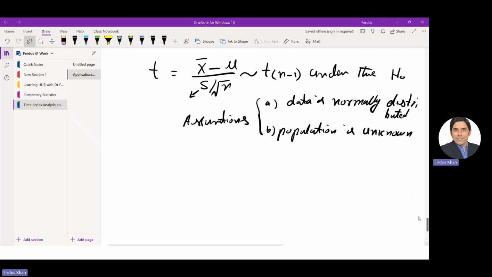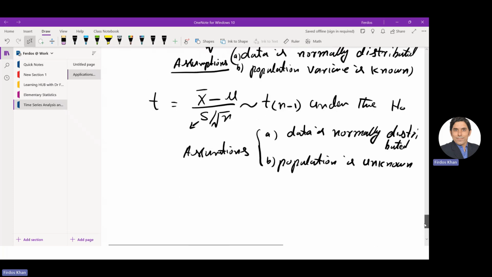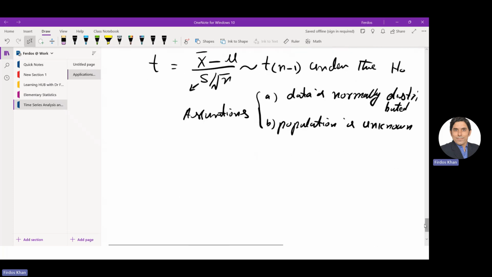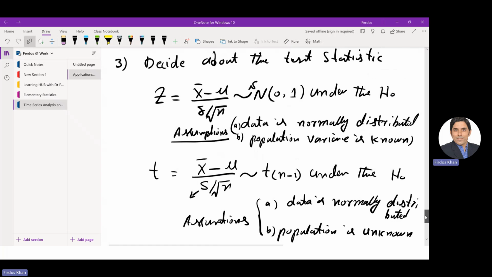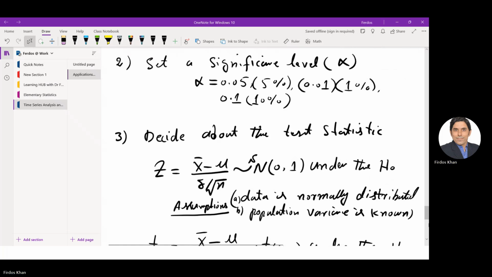Let's see the steps. The third is collect the data.